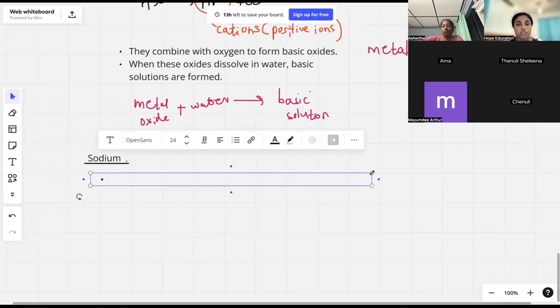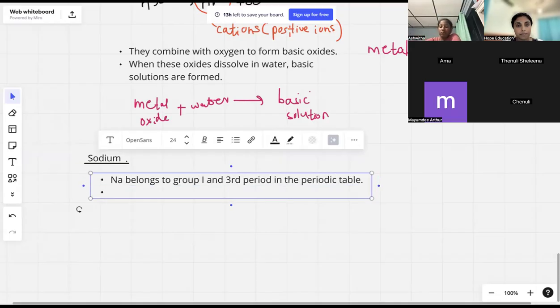So sodium belongs to group 1 and third period in the periodic table.